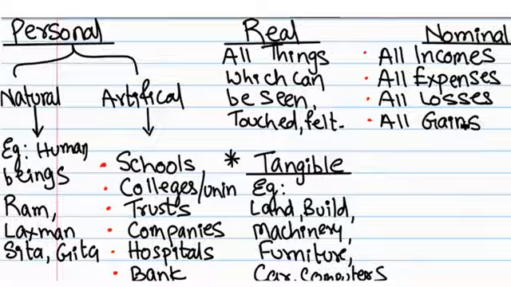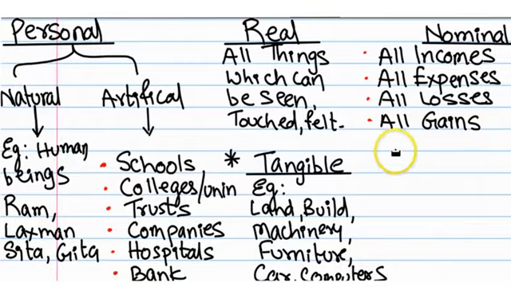If there are any losses which have taken place in the business organization, then we include them in nominal account. And if there are any profits or gains which have taken place in the business organization in a particular year, we include them in all gains. So these are the types of nominal account.